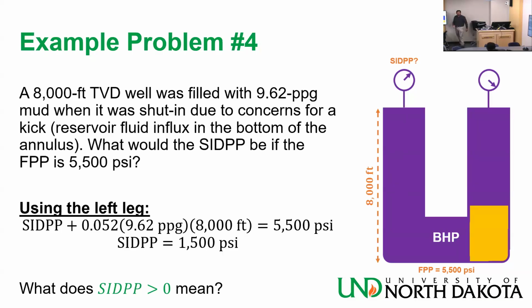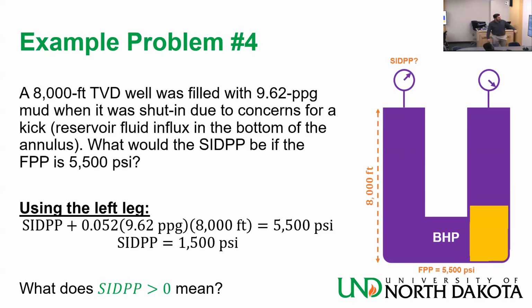By shutting in the well and allowing the pressures to stabilize, not necessarily increase, depends, you are forcing this BHP to be equal to FPP. Can you explain that again?